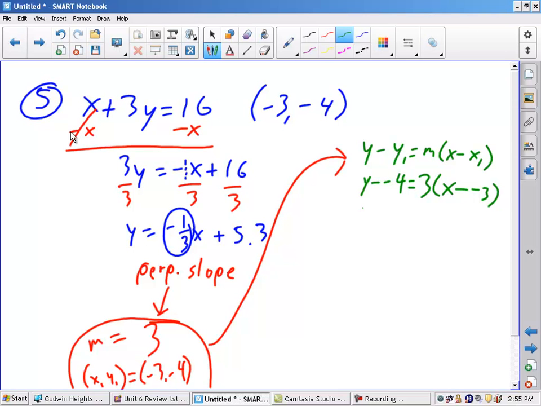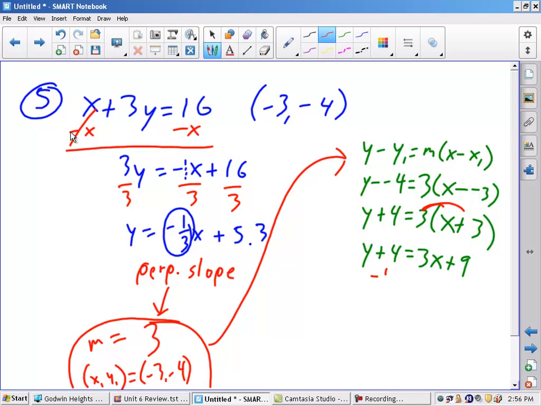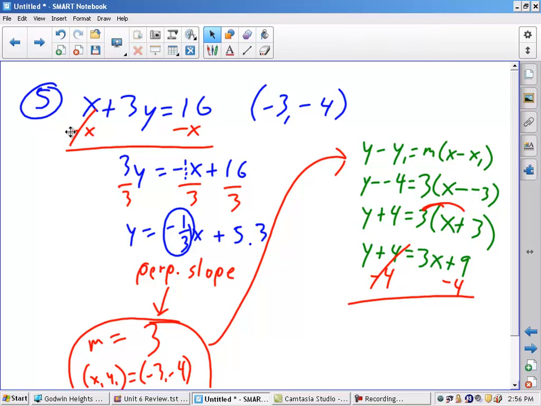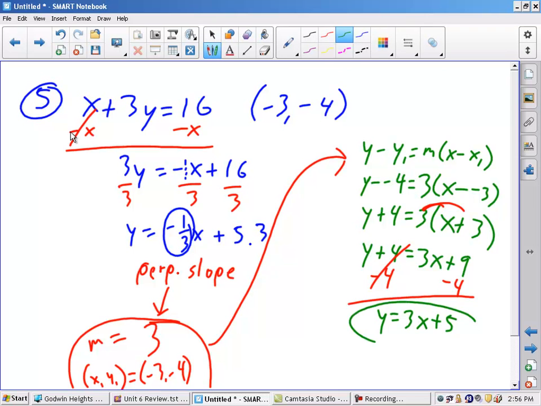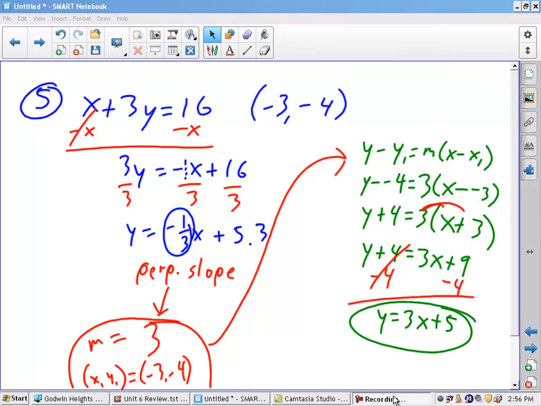Make the double negatives a positive, so y plus 4 equals 3 times x plus 3. Now I need to distribute, so y plus 4 equals 3x plus 9. Last step, subtract 4, cancel, and I get y equals 3x plus 5. That's your equation that's perpendicular.